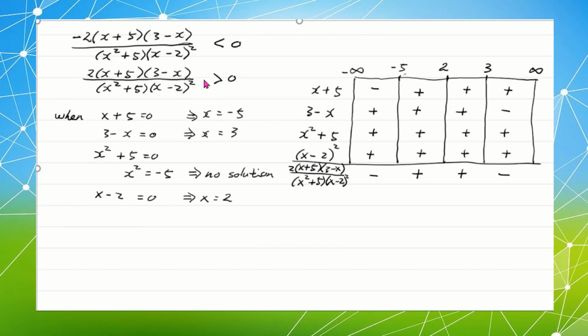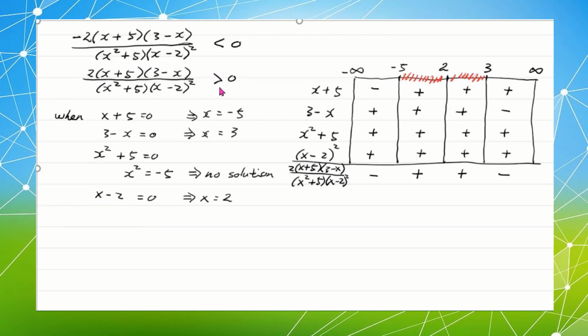Since the inequality is greater than 0, we need to take the region which is positive. So from here we can see that x is greater than negative 5 up to 2, then from 2 up to 3. Now we look at the boundary values.